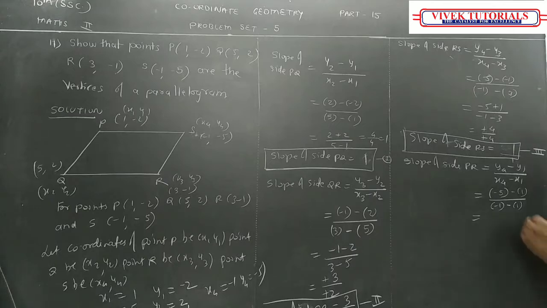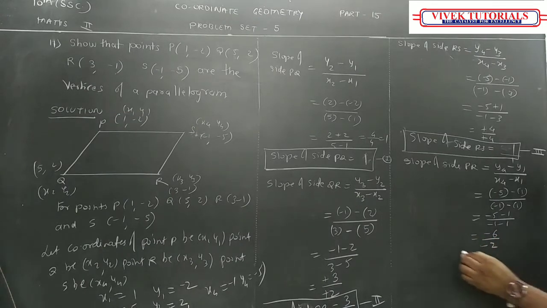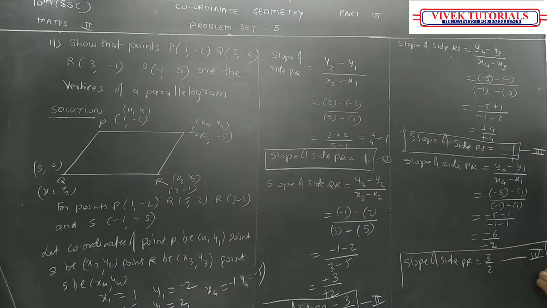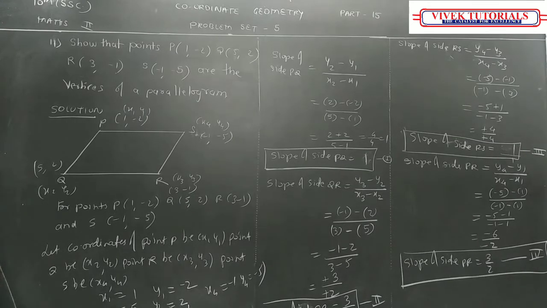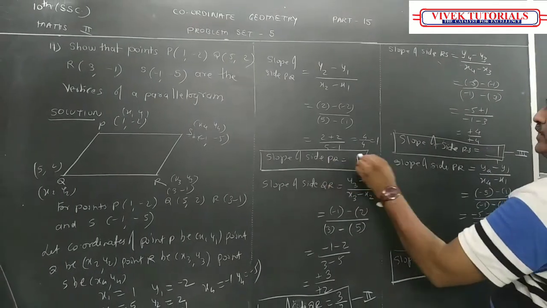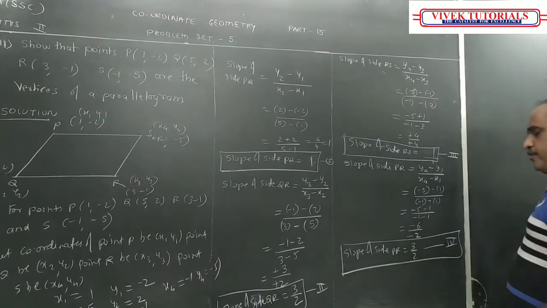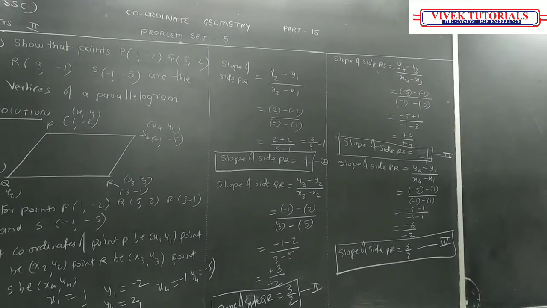So what we are getting is minus 5 minus 1 upon minus 1 minus 1, which is minus 6 upon minus 2. So slope of side PR is equal to 3 upon 2, equation 4. Have you understood this now? Now, if you see equation 1, the slope of PQ is 1, slope of RS is 1, slope of QR is 3 by 2, and slope of PS is also 3 by 2.